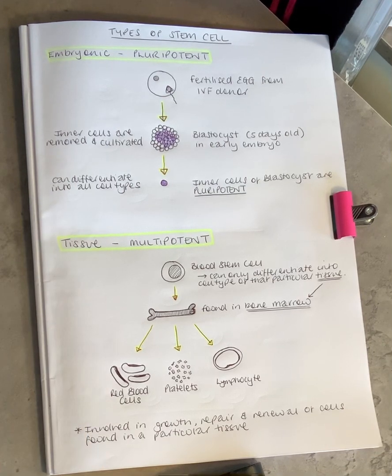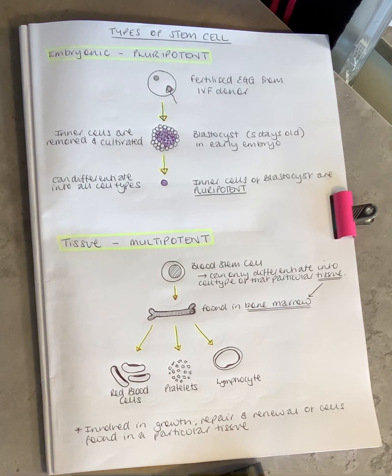And in tissue, your tissue stem cells are found in different locations, for example skin or red bone marrow. If we talk about red bone marrow, we're talking about blood stem cells.